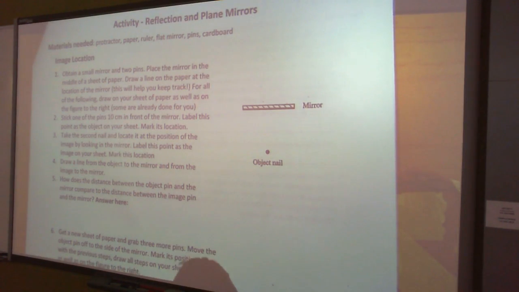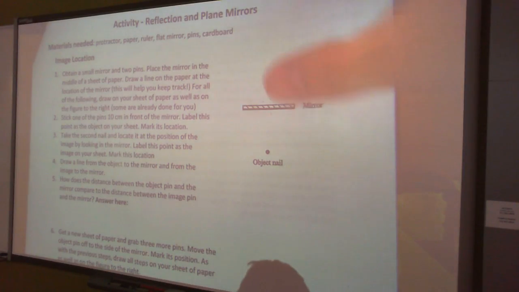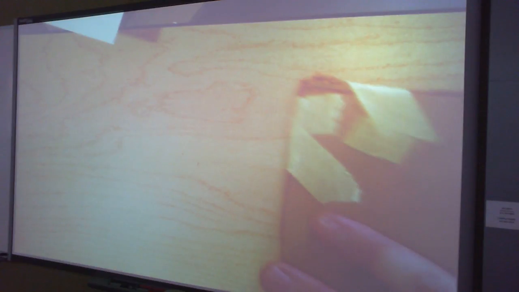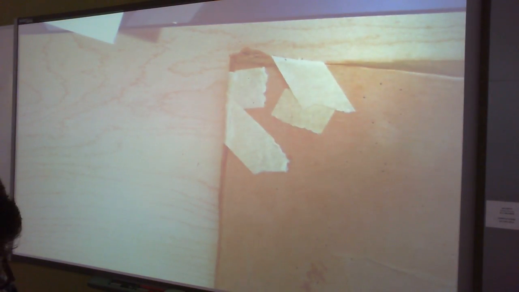So we're going to start with these instructions. We're going to obtain our small mirror and our 2 pins. And we're going to place the mirror on the piece of paper and then draw a line where the mirror is located.